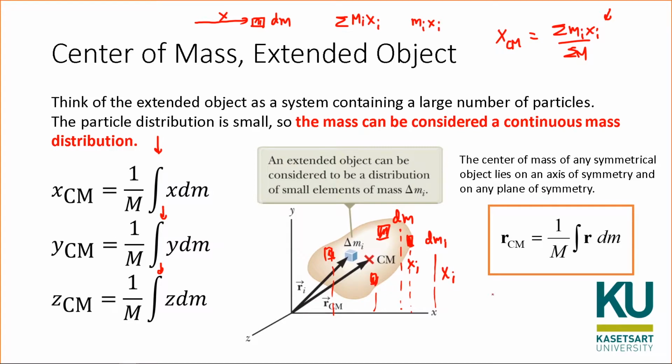So rather than having the individual x_i dm_i and summing up, the way to sum over a continuous object is to use integration. That's why this is exactly the same as the system of particles, but you look at a smooth particle system.